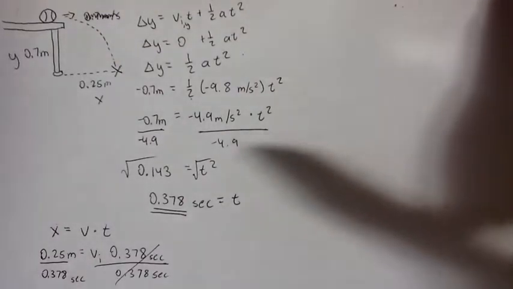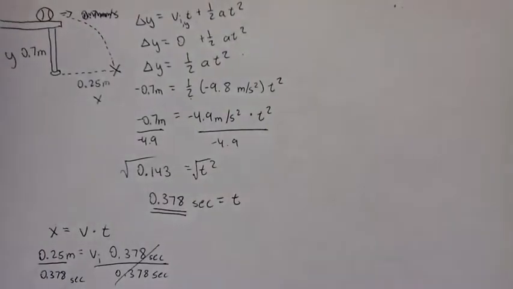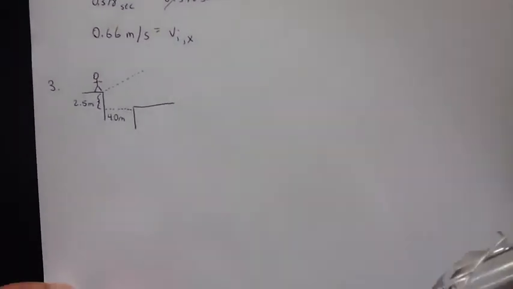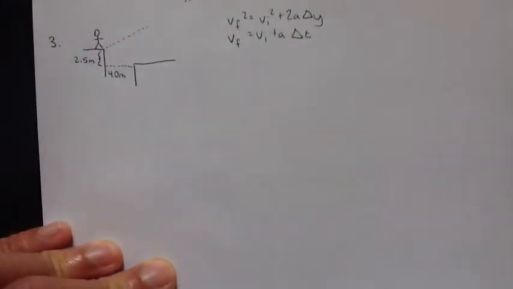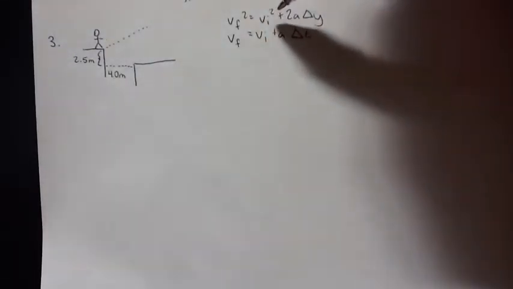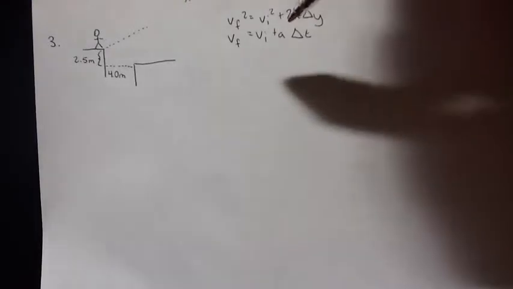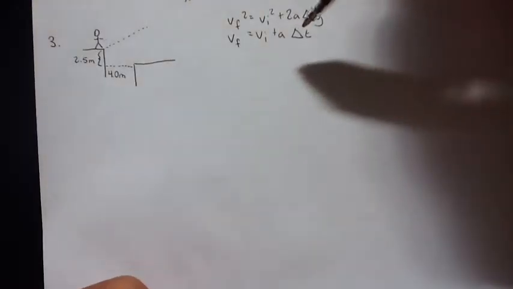So we're going to use a couple of different formulas instead, and the combination of them gives us an easier equation to work with. Those two formulas are: final velocity squared equals the initial velocity squared plus 2a change in y, and final velocity equals the initial velocity plus the acceleration times time.